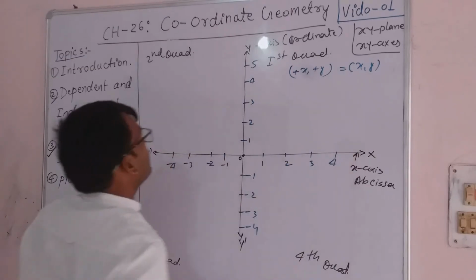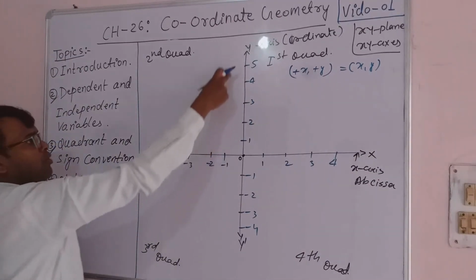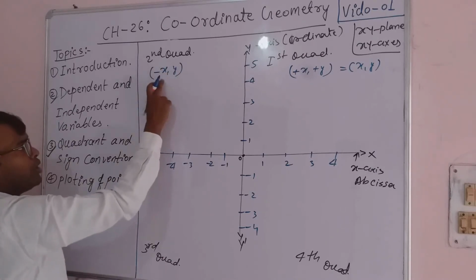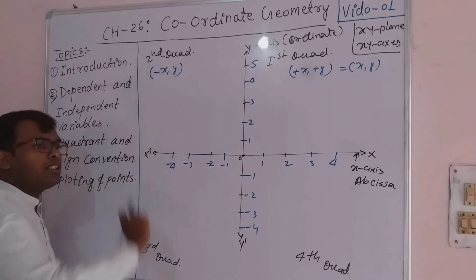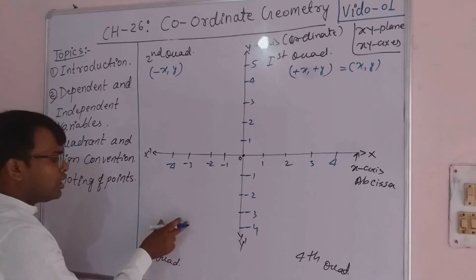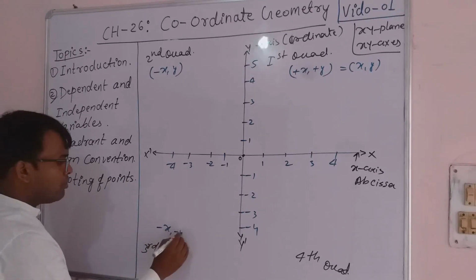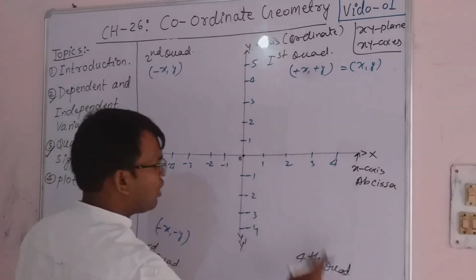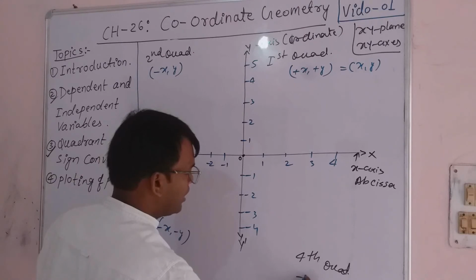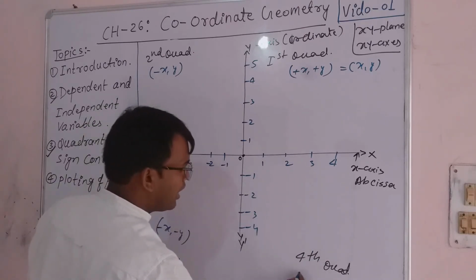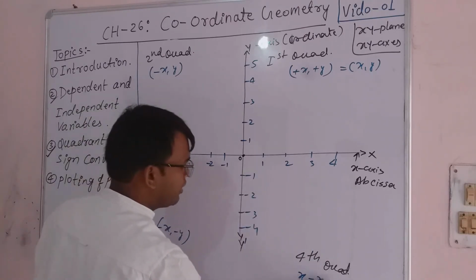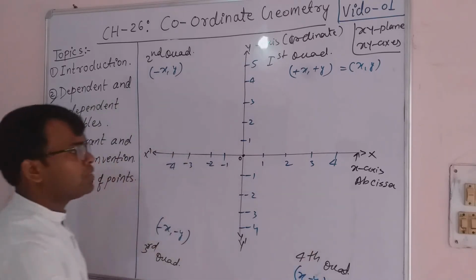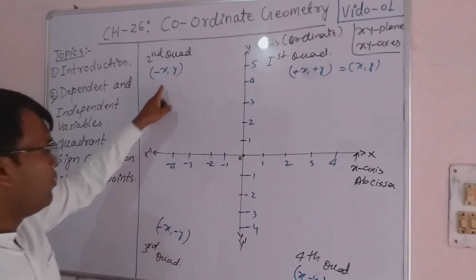In the second quadrant, x is negative and y is positive, so this is (-x, y). In the third quadrant, it is (-x, -y): x is negative and y is also negative. And the fourth quadrant will be what? x will be positive and y will be negative, so (x, -y). So these are the sign conventions.